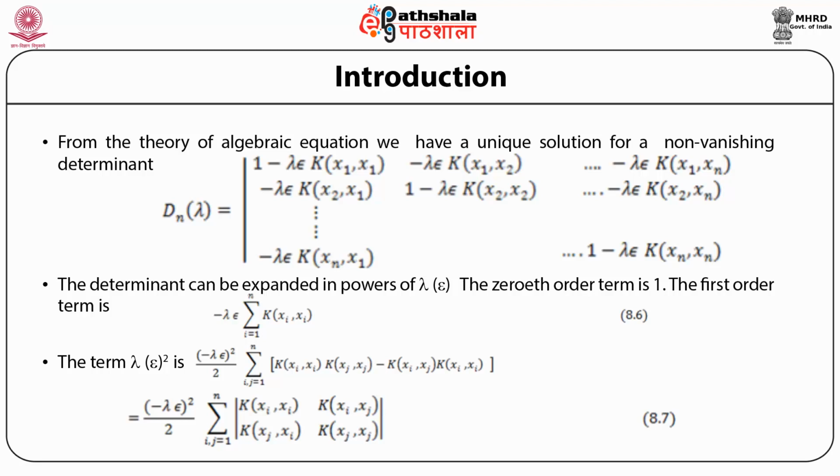This is equal to lambda epsilon whole squared by 2 sum over i and j of the determinant of a 2 by 2 matrix whose elements are: first row first element k xi xi, first row second element k xi xj, second row first column k xj xi, second row second column k of xj xj.